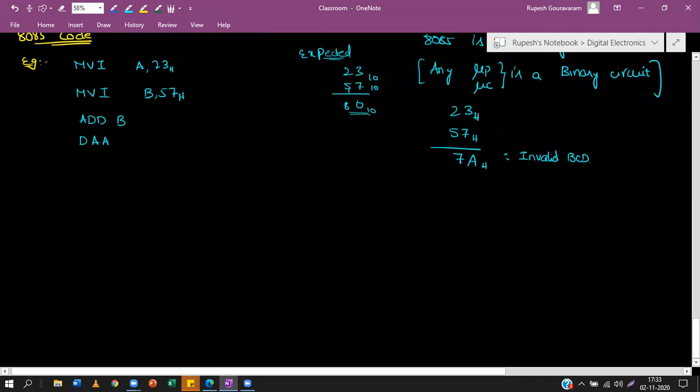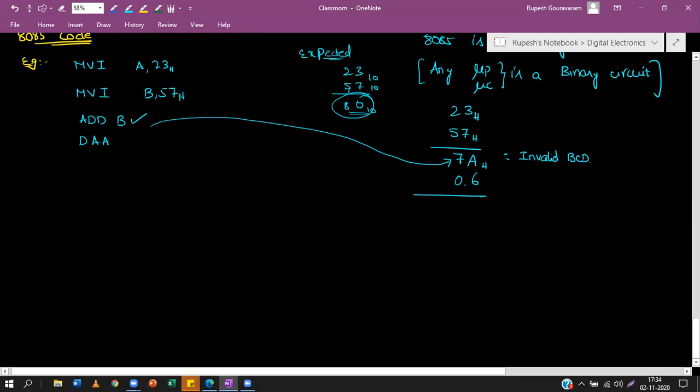As it is an invalid BCD, we will get this particular value 7A. But we are expecting 80. To get 80, what should we add here? We should add the correction factor 6.